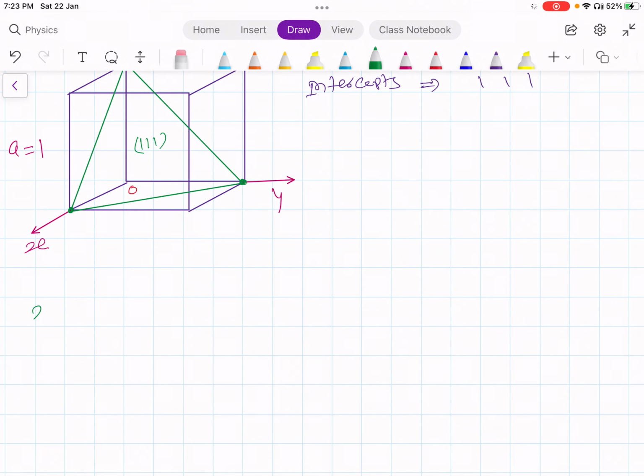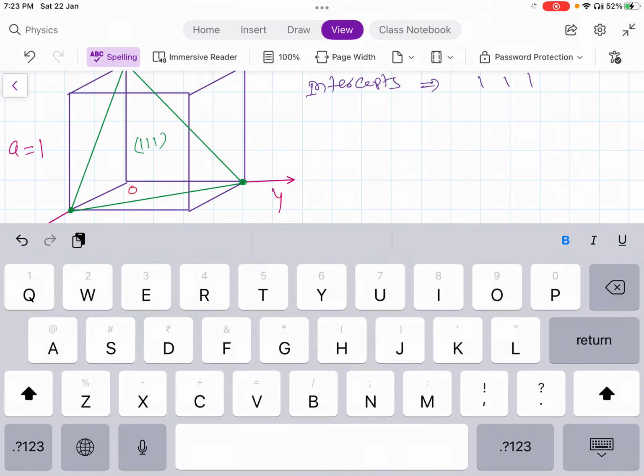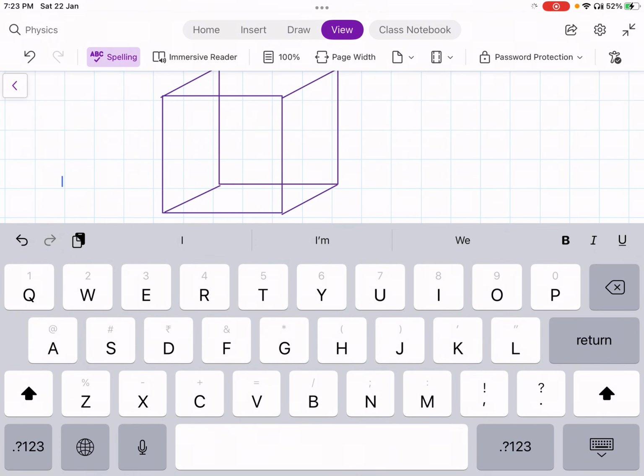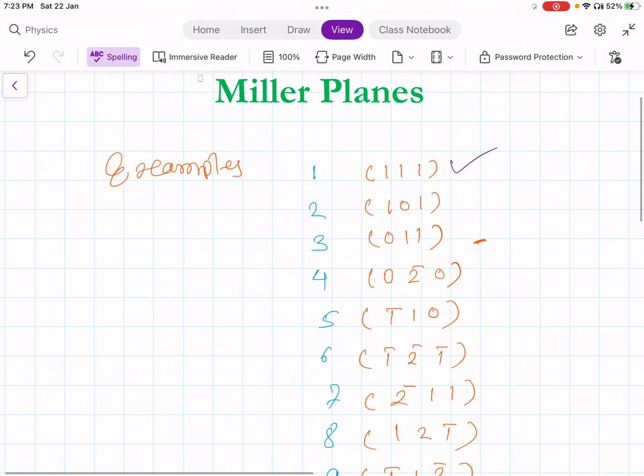Then the second plane. First the unit cell. Okay, this is the unit cell. And what are the Miller indices?